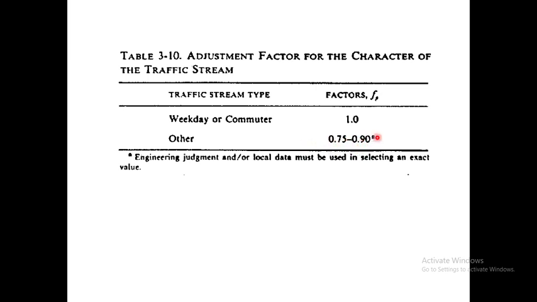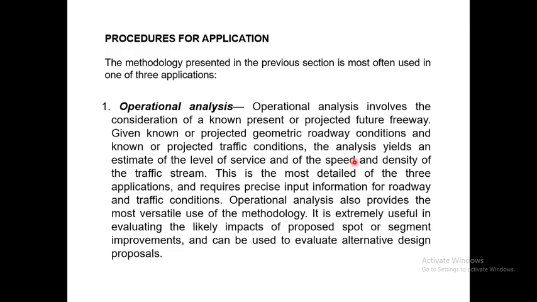But whatever you choose here, the final answer would be almost the same, specifically for designing the number of the lanes. So you just take a value between, like, 80%, 82%, 85%.